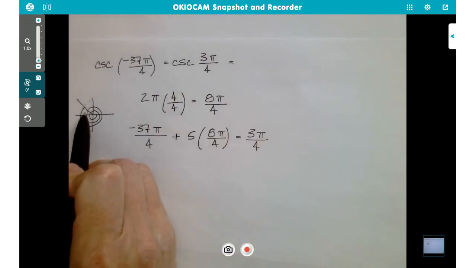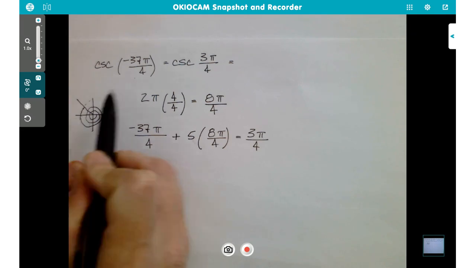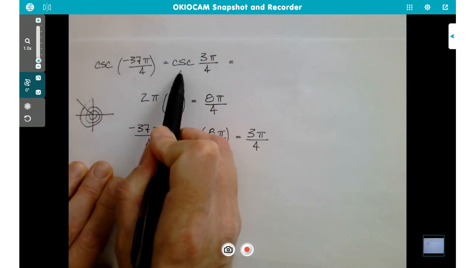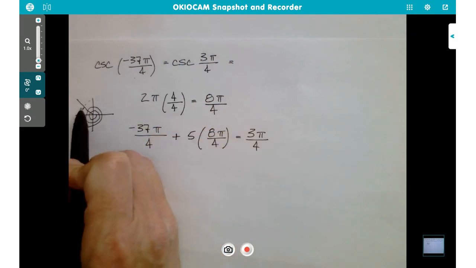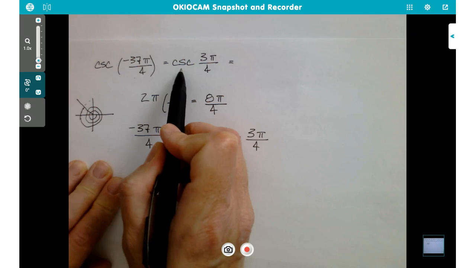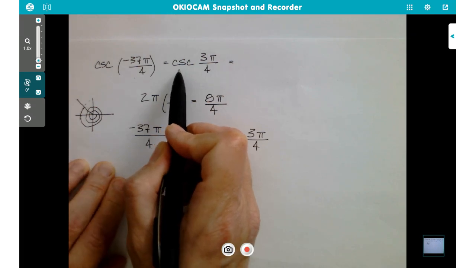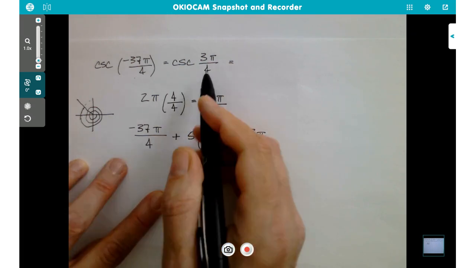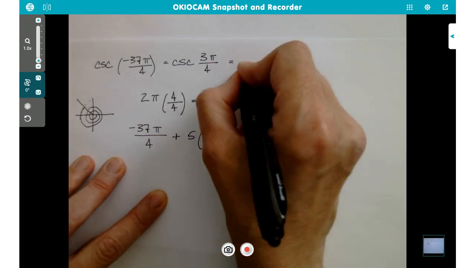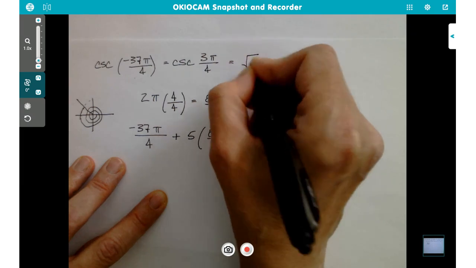Let's see, that's in quadrant 2. In quadrant 2, the cosecant is positive, since it's r over y. R and y are both positive. Cosecant is positive in quadrant 2. The value of cosecant of pi over 4 is root 2. So there we go, positive root 2.